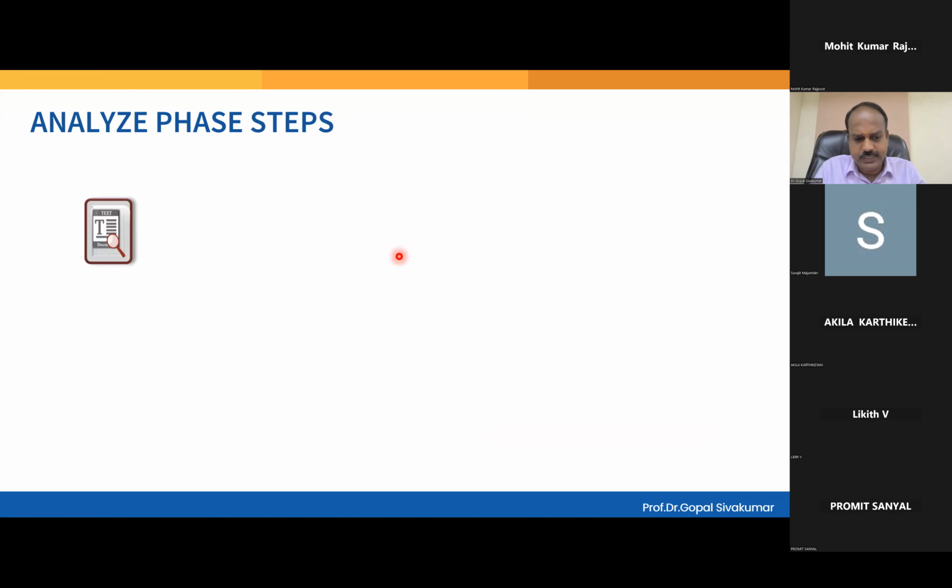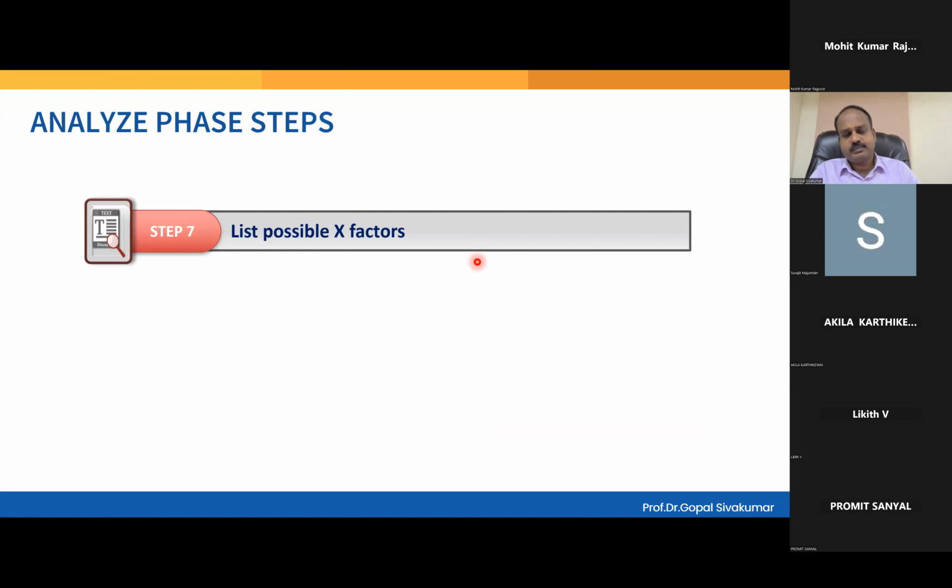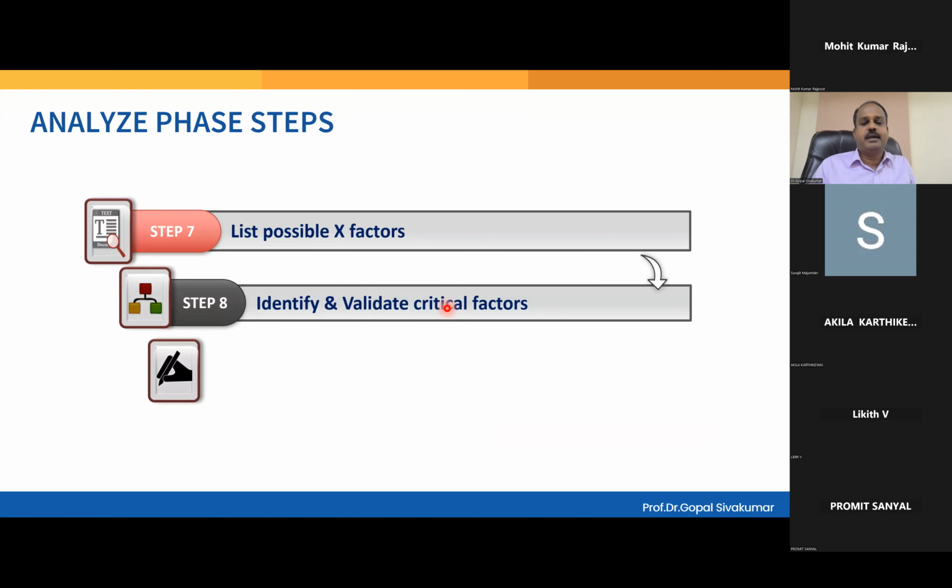Now let us understand the analyze phase step by step. The first step, listing possible X factors. Then the immediate next step, identify and validate potentially critical factors.